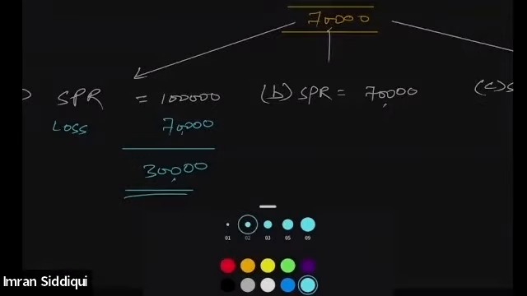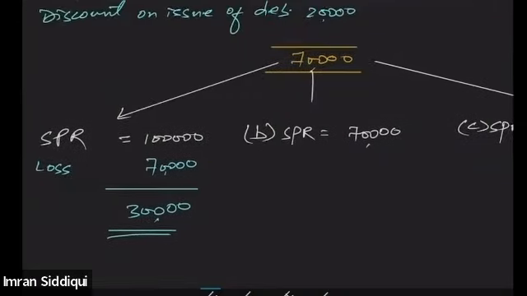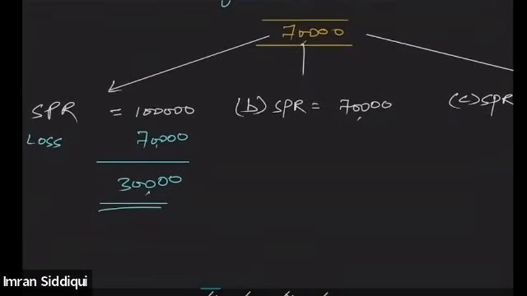Yes, sir. Okay. As for situation 2, we have a loss of 70,000 and the security premium reserve is also 70,000. That means we have a sufficient amount of security premium reserve to write off all the loss. But after writing off this loss, we won't be left with any amount of security premium reserve.